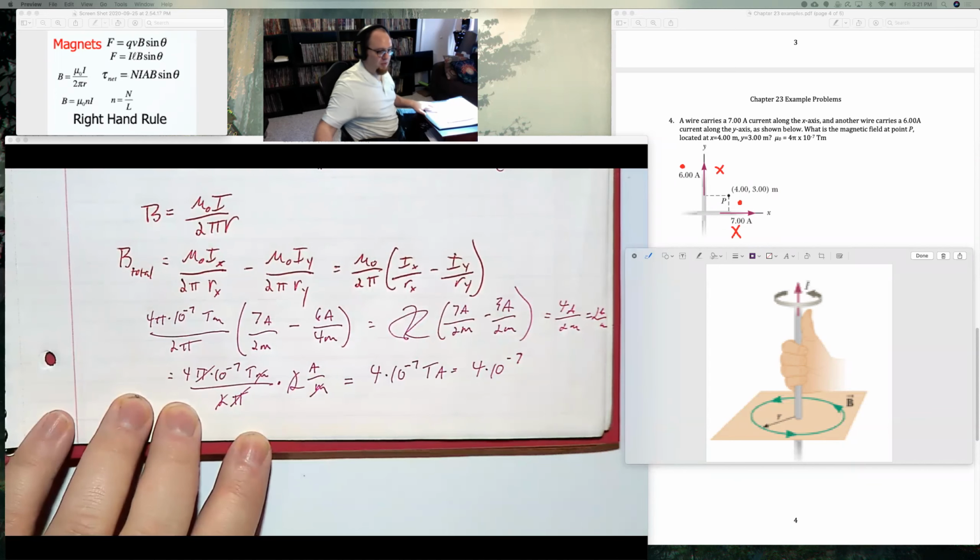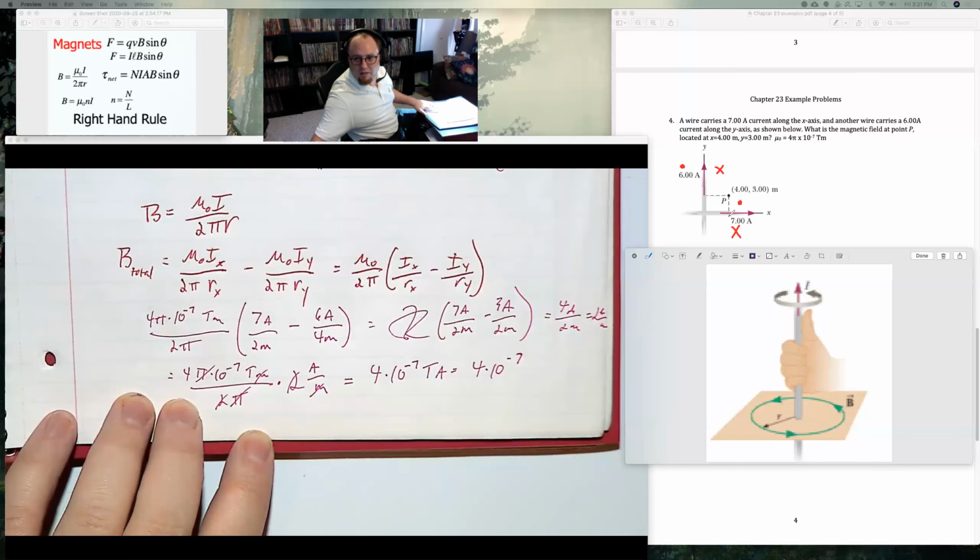Not even looking at my solutions. Wait, why am I off? I'm not getting the same thing my solutions have. Where did I make a mistake? Ix, 7.